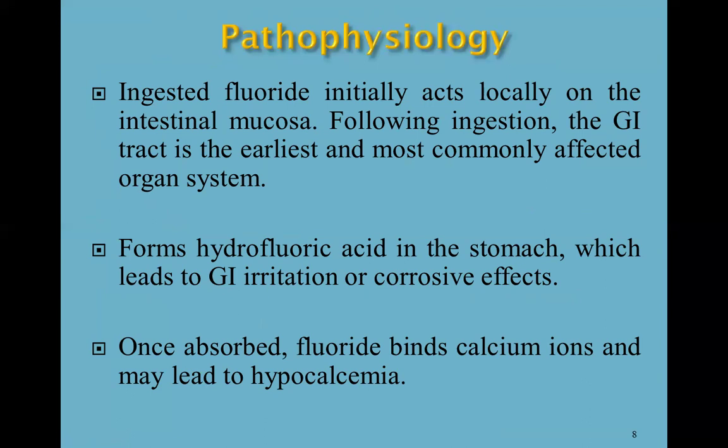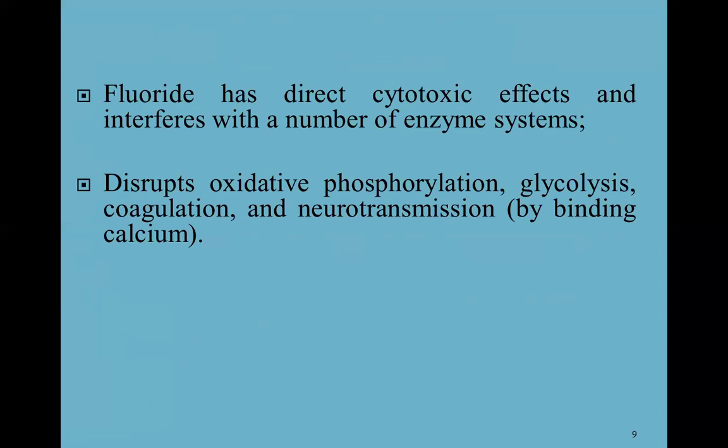Once absorbed, fluoride binds calcium ions and may lead to hypocalcemia. Fluoride has direct cytotoxic effects and interferes with a number of enzyme systems, disrupting oxidative phosphorylation, glycolysis, coagulation, and neurotransmission by binding calcium.